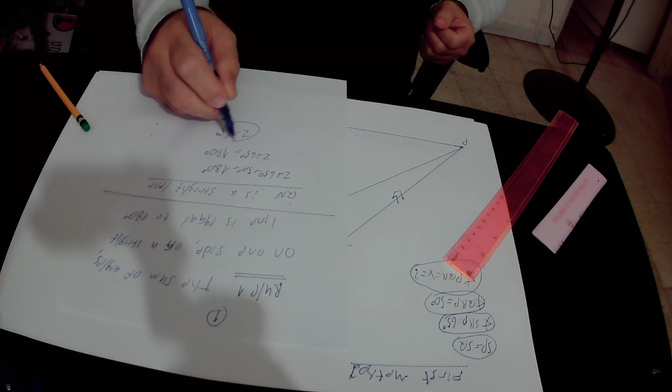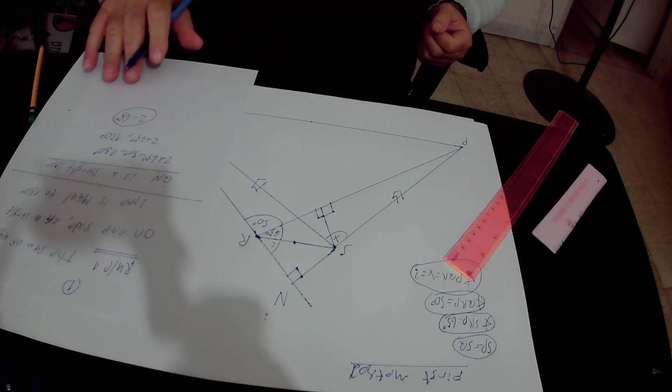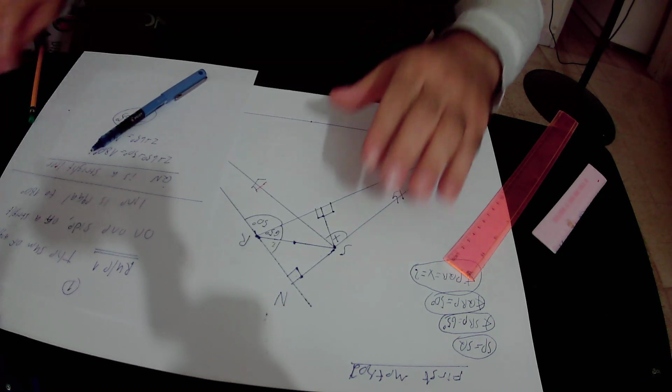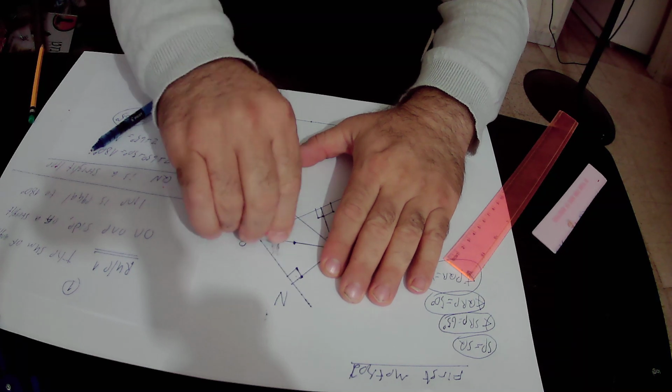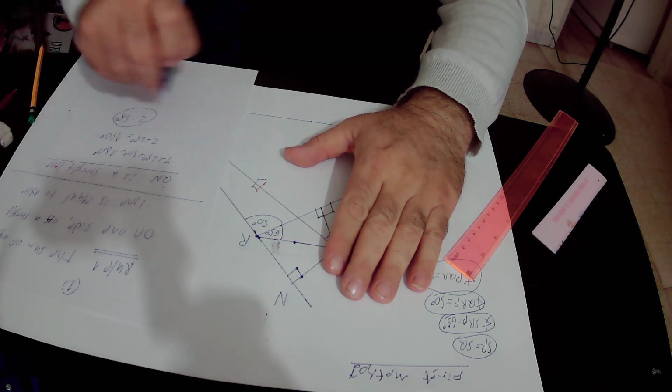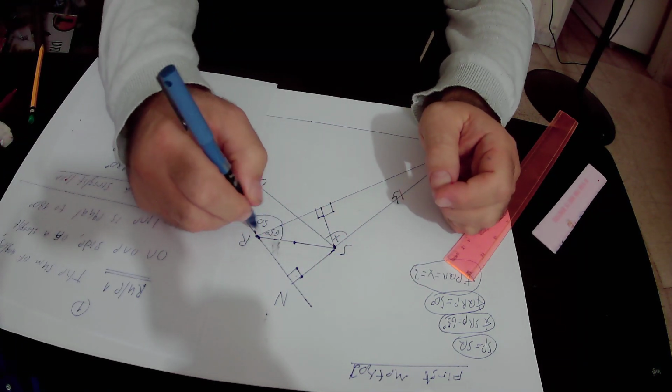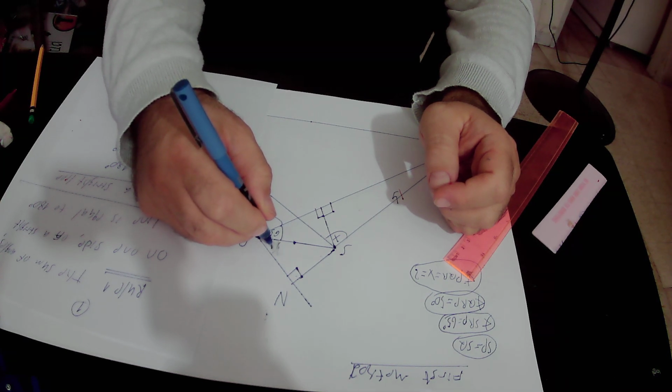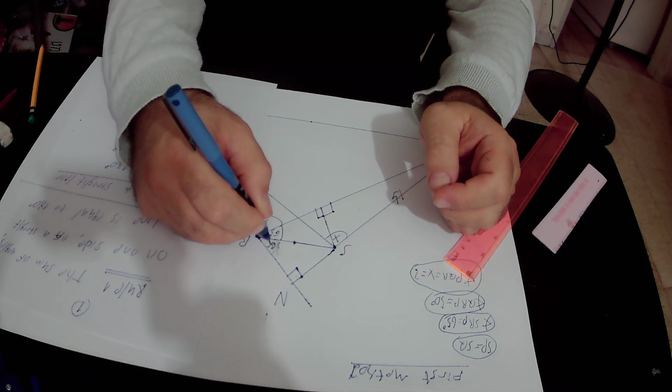So we found out that the size of angle Z is 65 degrees. Okay, so I can write here that angle SRN equals 65 degrees.